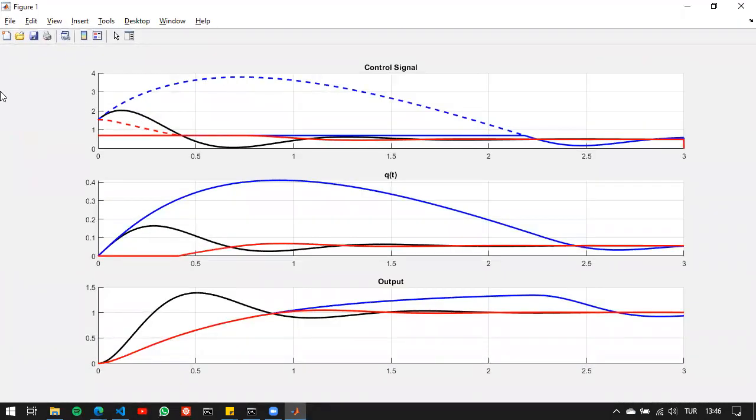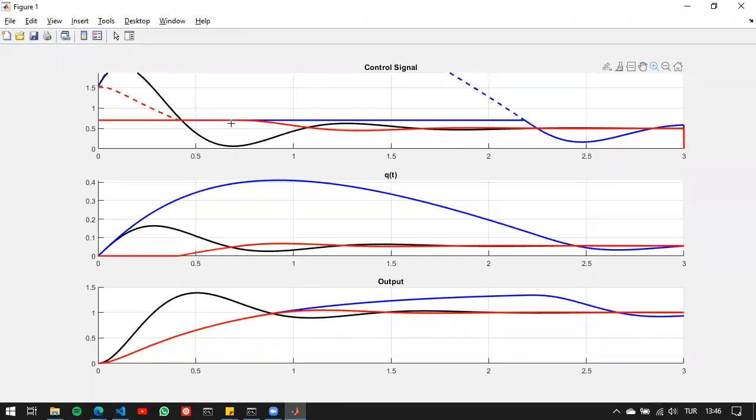So here, we again can see that we are spending some time in saturation, but the effects are not that bad. You can see that here, the calculated control signal is way better than the wind-up case.